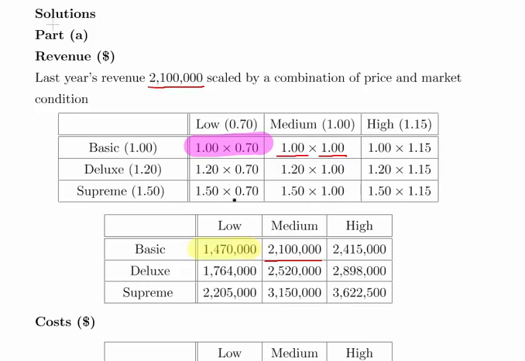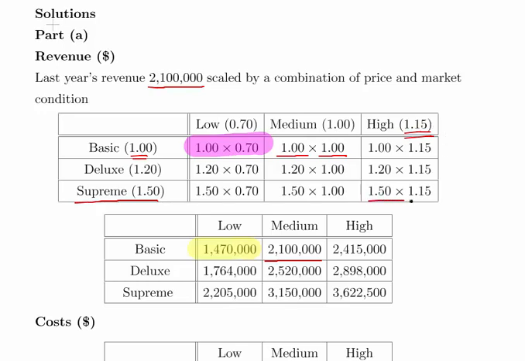For example, let's look at another example. If we go for the supreme, where we get $1.50 per unit, as opposed to 1, okay, so we're working on the basis of 1, so the multiplier there is 1.500, and with the increase in the market, the growth of the market is 15%, 1.15.